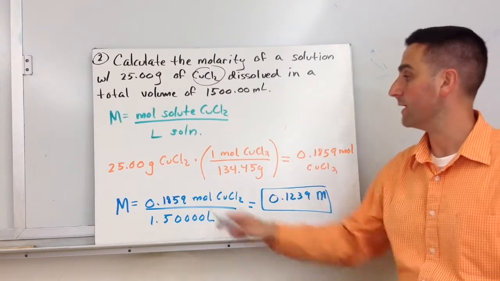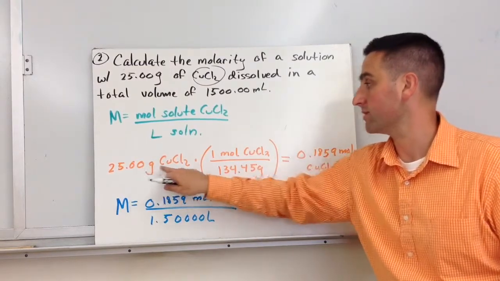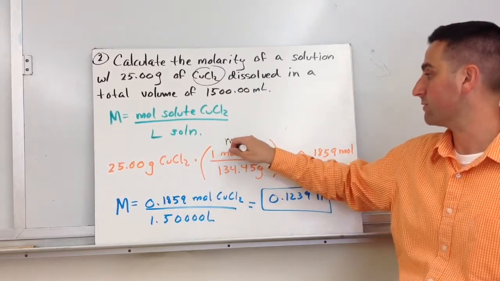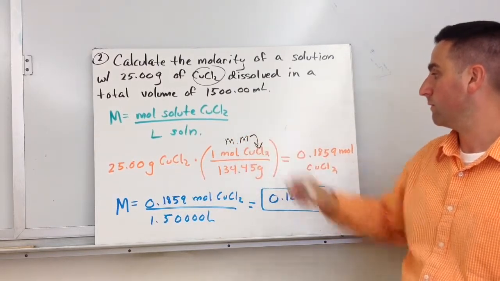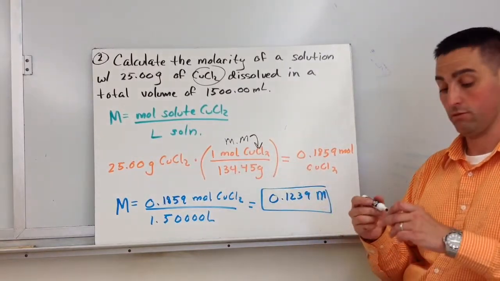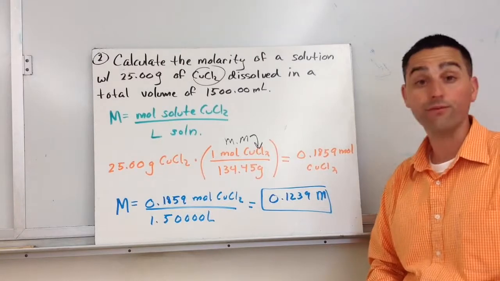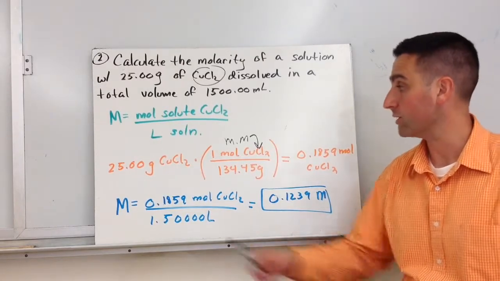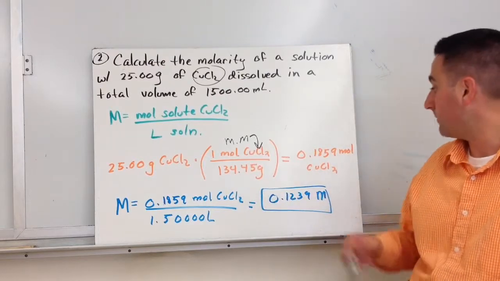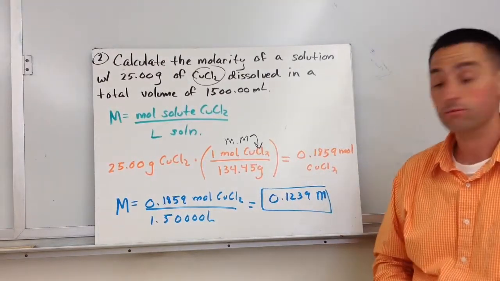So I know I have to take the mass that they give me of my solute, and I need to divide that by the molar mass of copper 2 chloride, which so happens to come out to this number here, 134.45. So essentially I'm dividing 25 by 134.45 and I get my moles, 0.1859.